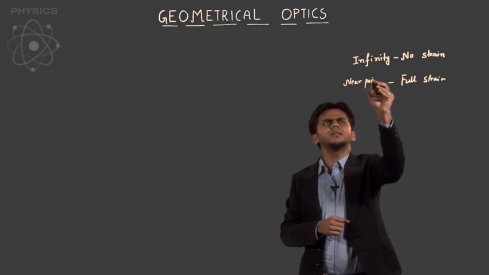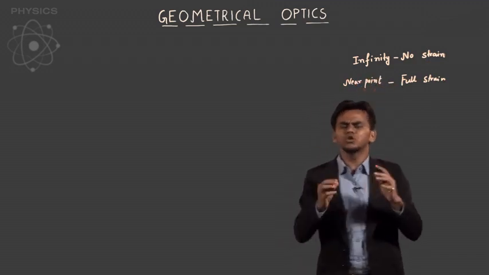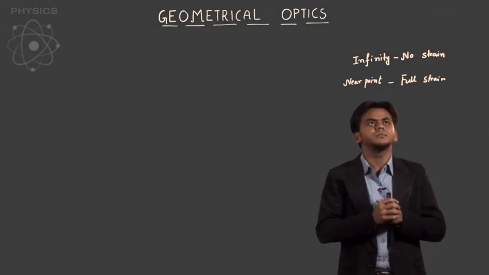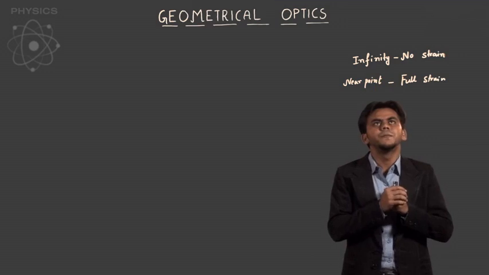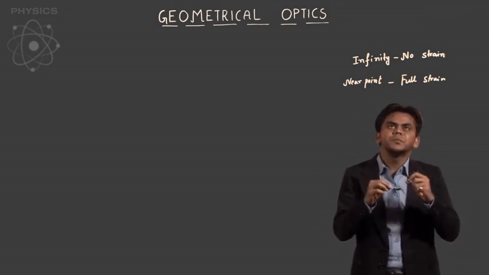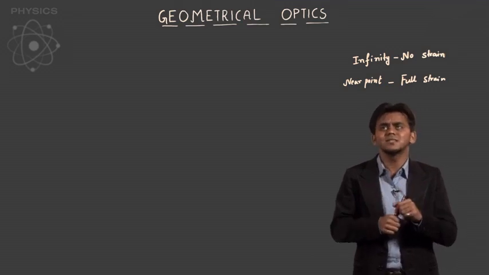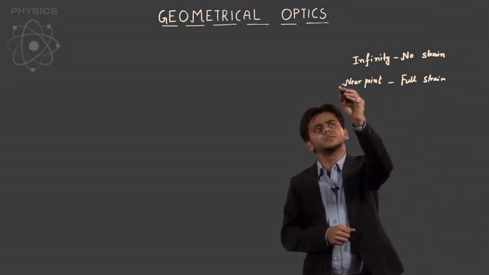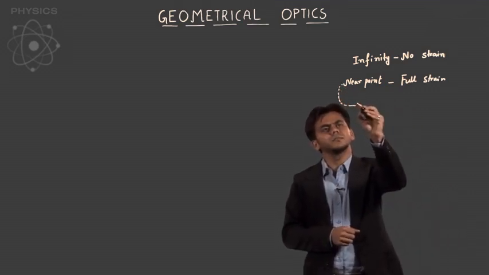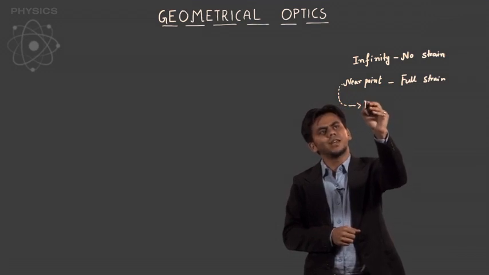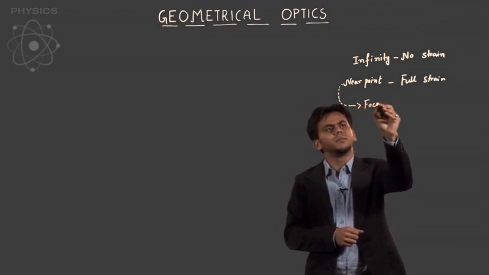You cannot see images closer than this. Why? Because under this situation, your rays have to be converged, which means the focal length is minimum.